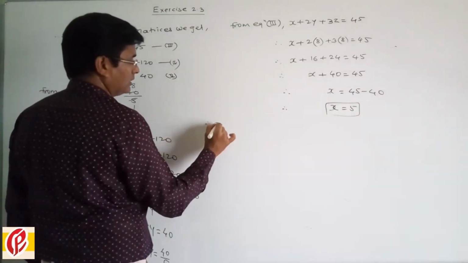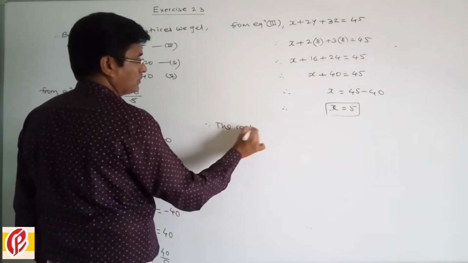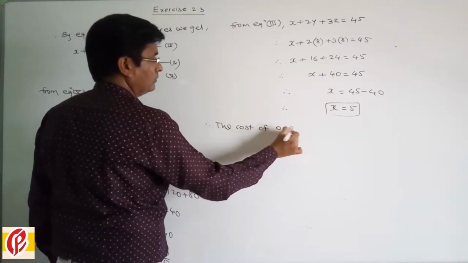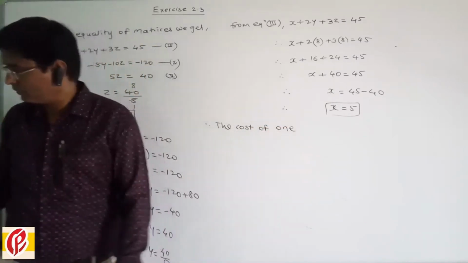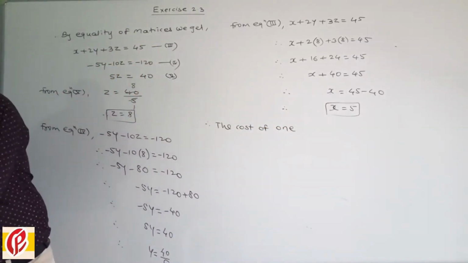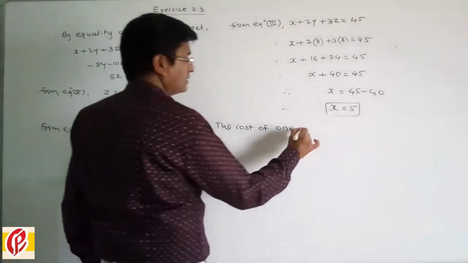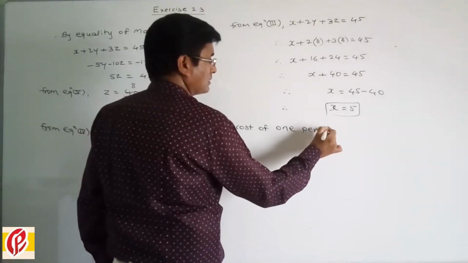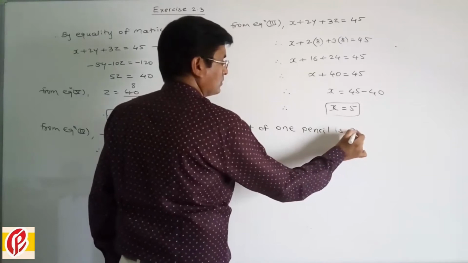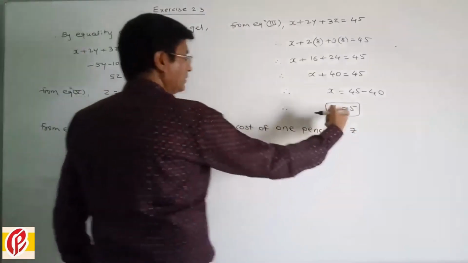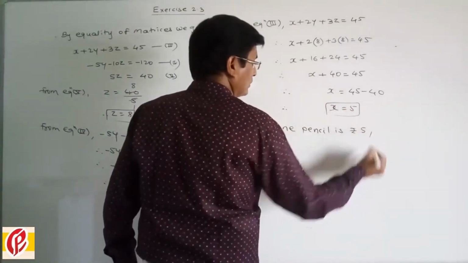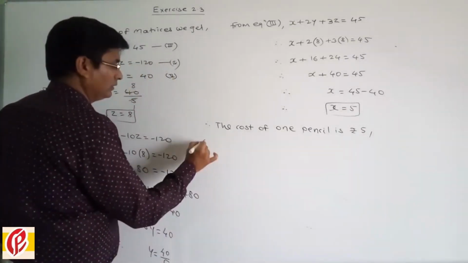Therefore the answer is: the cost of one pencil is rupees, value of x is 5, so rupees 5.